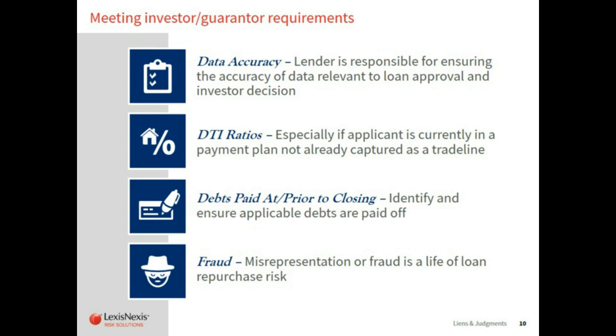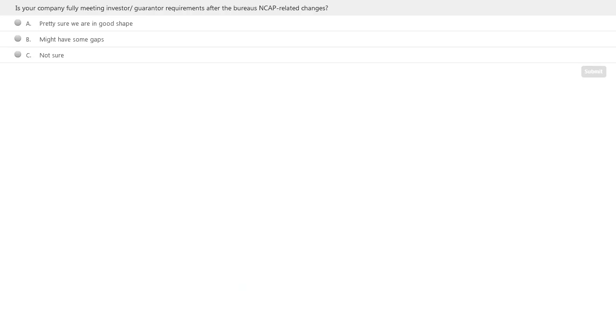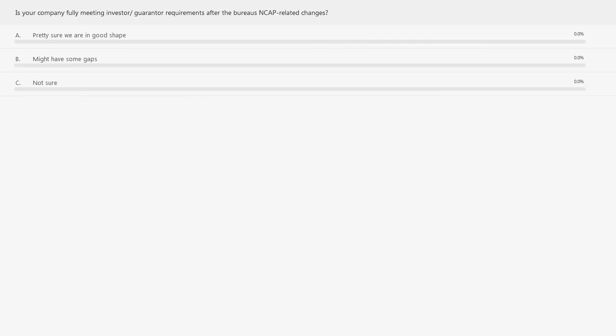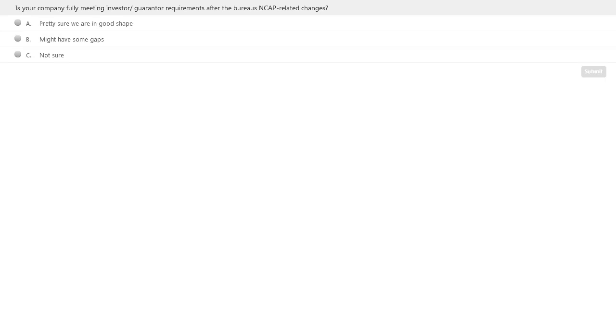So before we move on to the consumer impacts, let's kick off another poll question. All right, we'll take a look at a question once again about you. Is your company fully meeting investor guarantor requirements after the Bureau's NCAP-related changes? People pretty much have the drill down now for working through this poll.